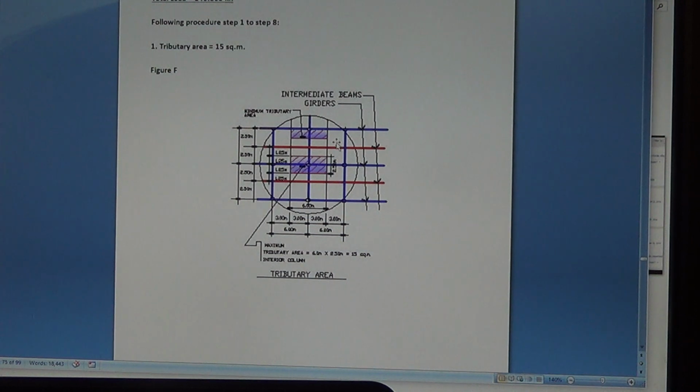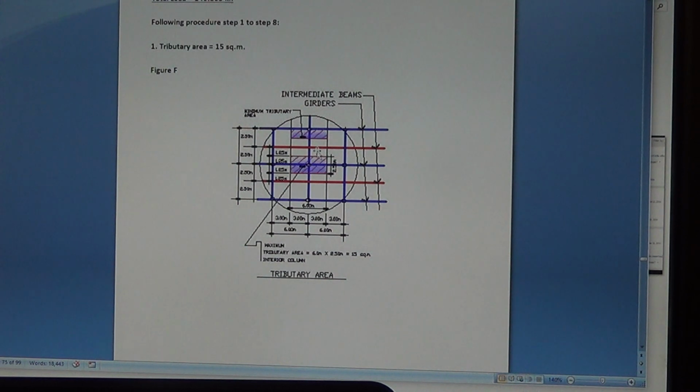This red color there are the intermediate beams. The intermediate beam is not framed to the column. That's why it is called the intermediate beam. It is framed to the other beam. And when a beam is carrying another beam, that is called a girder in the proper terminology in structural engineering.